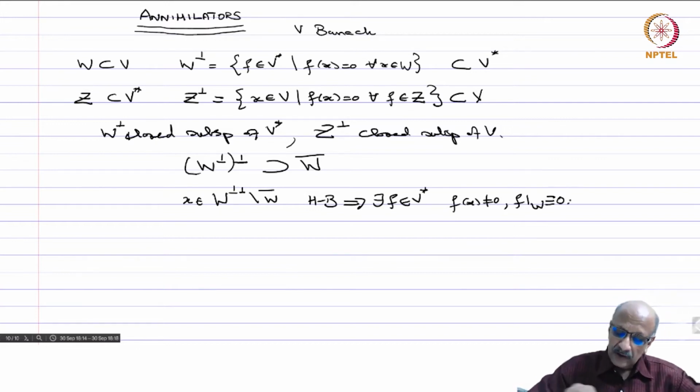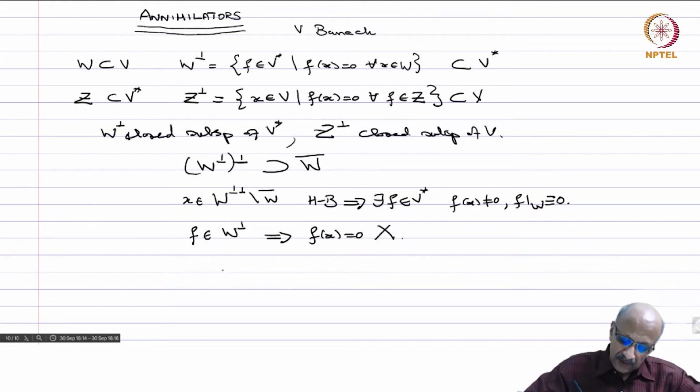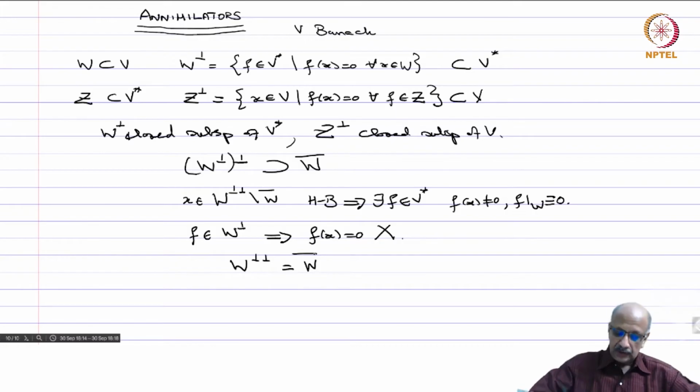This is one of the corollaries of the Hahn-Banach theorem. Consequently, f belongs to W perp. And since x is in W perp perp, this means that f of x has to be 0, which is a contradiction. Therefore, W perp perp is in fact equal to W closure.